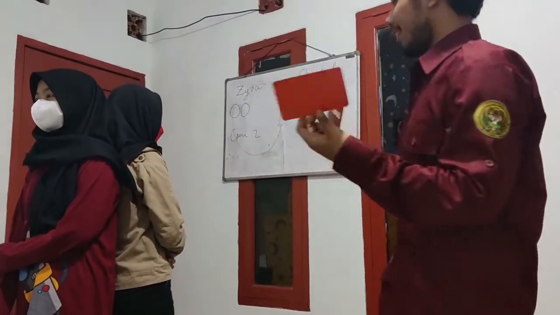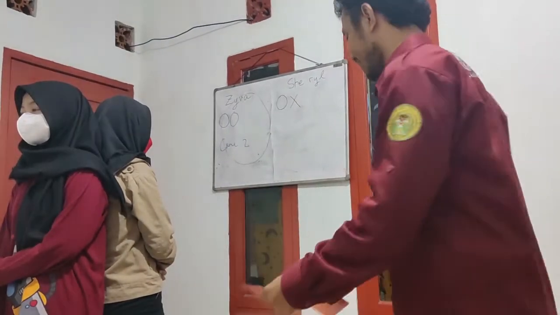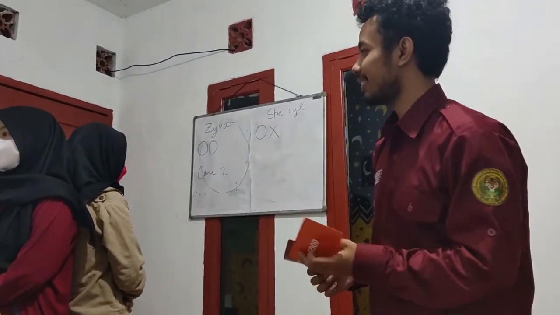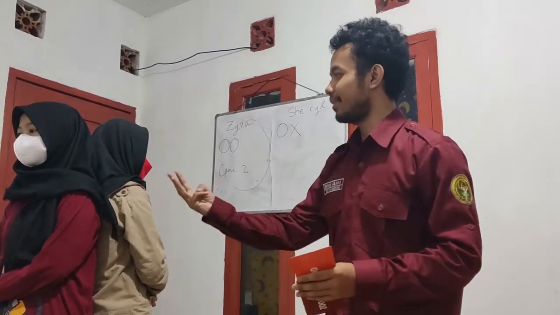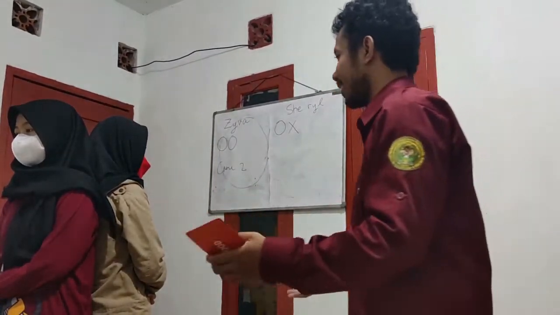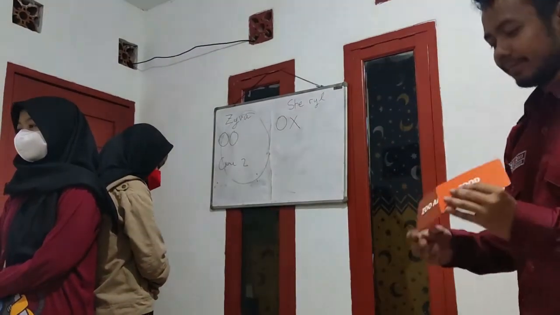Okay, I will just use 2 categories, and I will say the clue. Then you turn around 3 times. Then pick the right card. Okay. Let's begin.